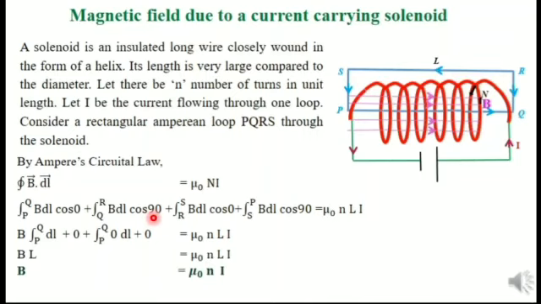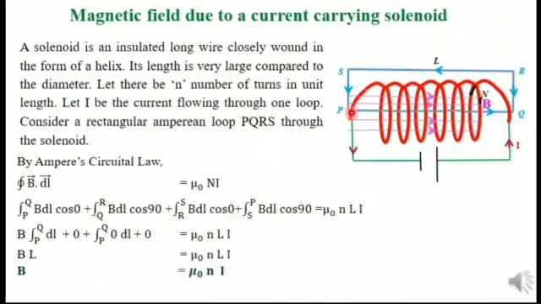Since the magnetic field and small part of Amperian loop RS are both parallel, the angle between B and dl is 0. So the third term is integral R to S B dl cos 0 plus.